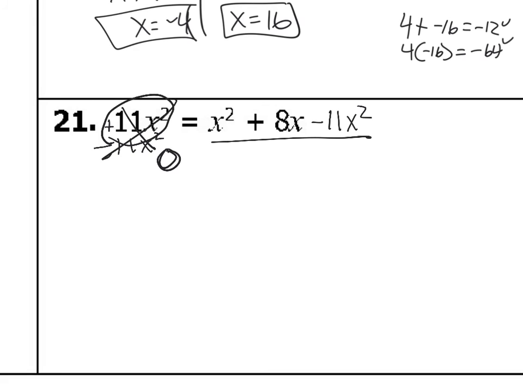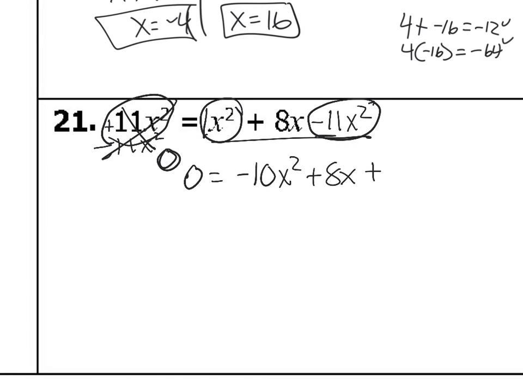Now, combine your like terms. Do I have like terms? Well, yes, I do. I got x squares there, don't I? I got 1 here and negative 11 there. So 1 plus negative 11 is going to be negative 10. X squared plus 8x. Well, there's nothing else, right? It's basically 0, isn't it? Correct?